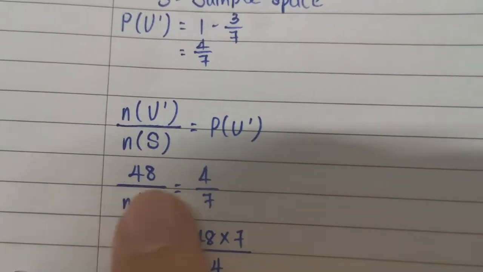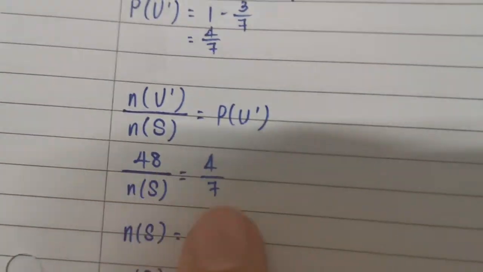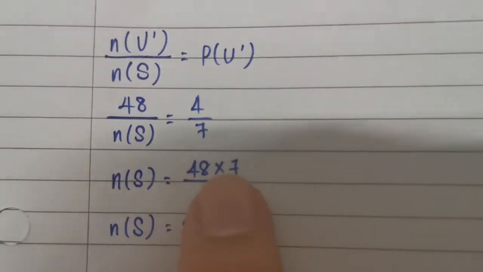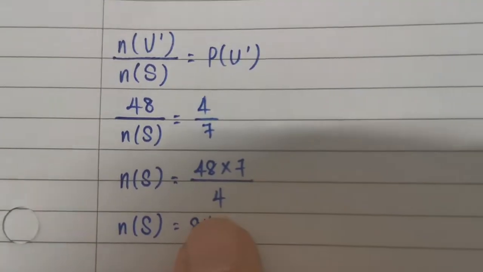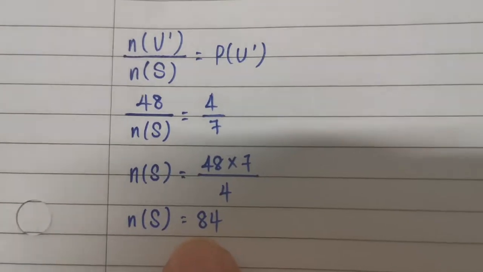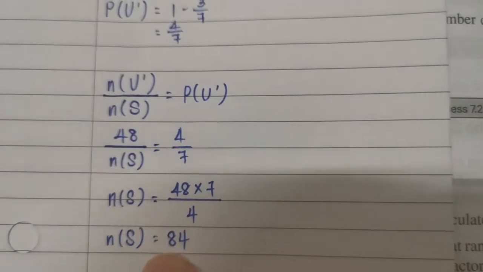So 48 over NS equals to 4 over 7. Cross multiplication, then you will get number of sample space equals to 48 times 7 over 4. So number of sample space is 84. So the whole student in mathematics society is 84.